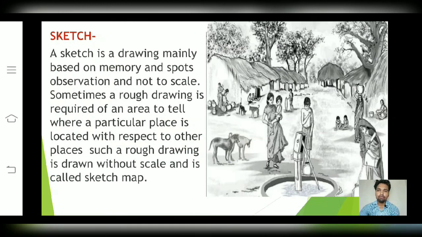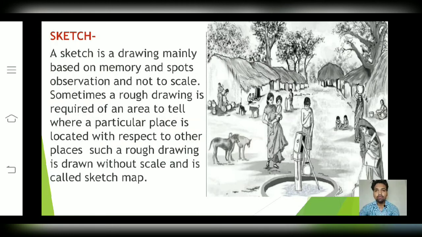Friends, here we will discuss what a sketch is. Suppose you go to your village and you see a scene there, and when you return to your town house you want to sketch the scene you have already seen on paper. What will you do?